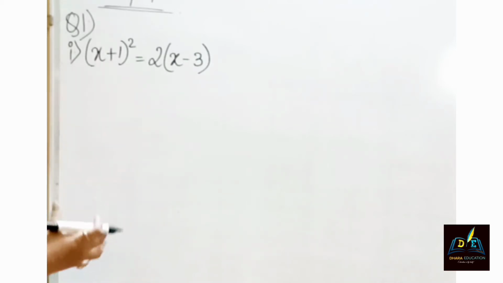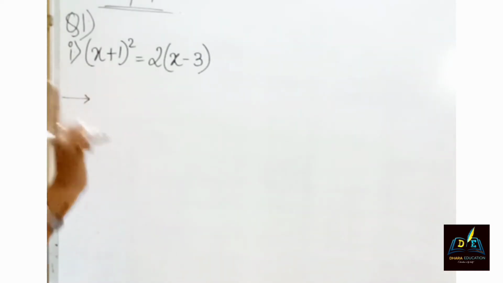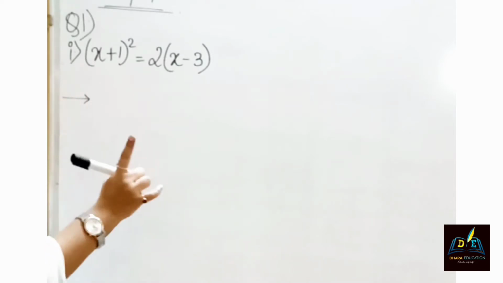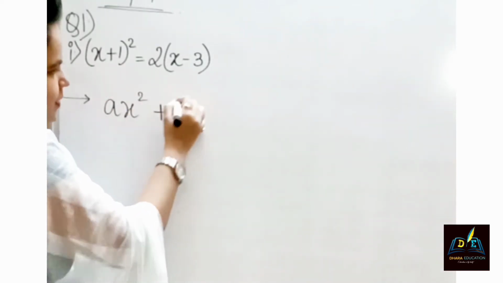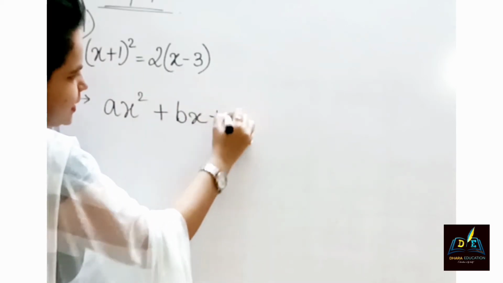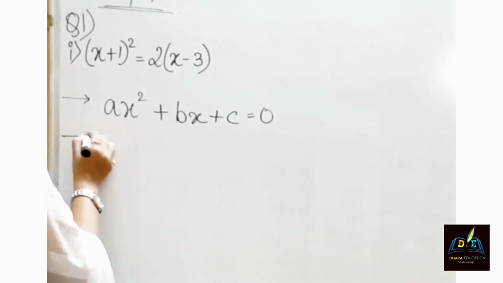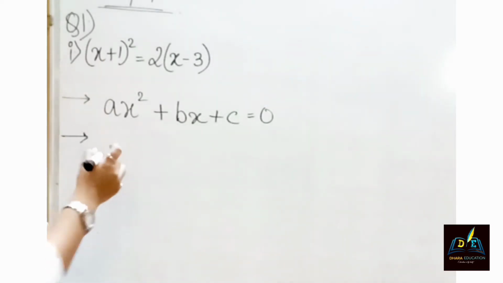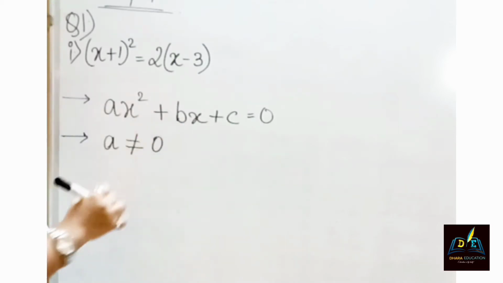Before starting with the sum, I just want to tell you two steps. The first step: a quadratic equation deals with the standard form, that is ax square plus bx plus c is equal to 0. Second, you need to understand that a should not be equal to 0.